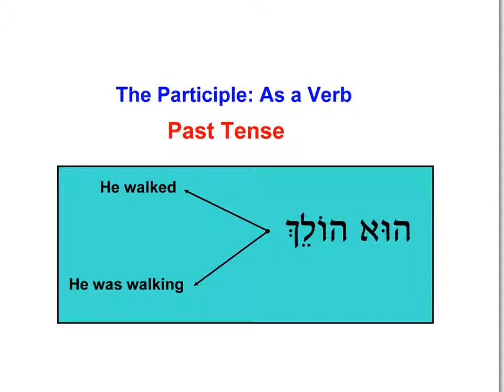We're going to see that when the participle is translated into past tense, it is rarely translated in regular past tense. I mean, it occasionally happens, but much more common is to see this different form. It's a different form of the past tense, which is called past continuous, which we're going to get to in a moment.